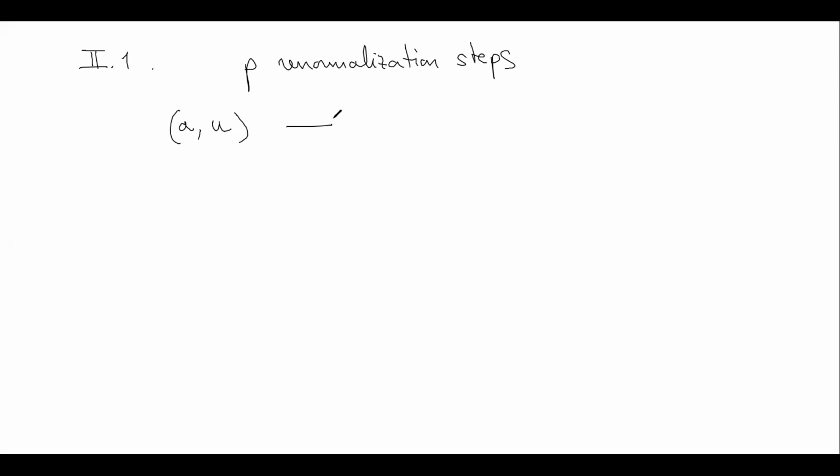And after P steps, you end up at A_P, U_P. What we did just before was A1, U1, P equals 1. So that's what we want to do now. So I have a simple question. Do you see a critical dimension, D_C, as we would call it, appearing in the problem?